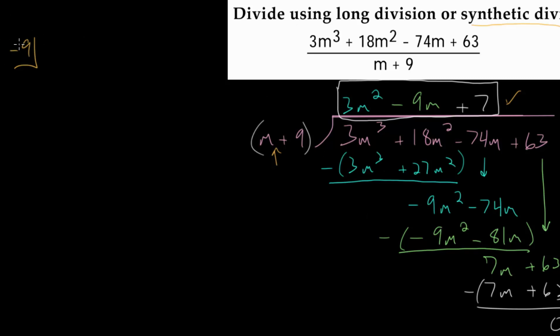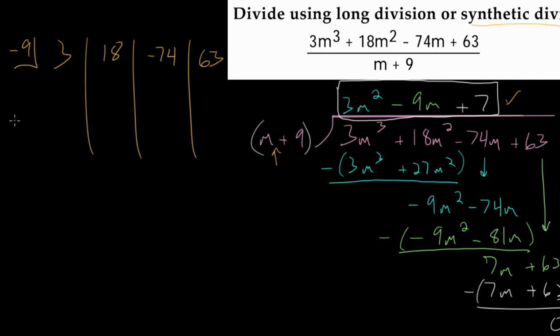Since -9 is actually one of the zeros of the polynomial function, or at least we think it is, when we check it with synthetic division, if we get 0 for the remainder at the end, then we know that this is one of the zeros. And instead of putting in the entire numerator, we just put the coefficients in. So 3, 18, minus 74, and positive 63. If you want, you can put in columns here to separate these.